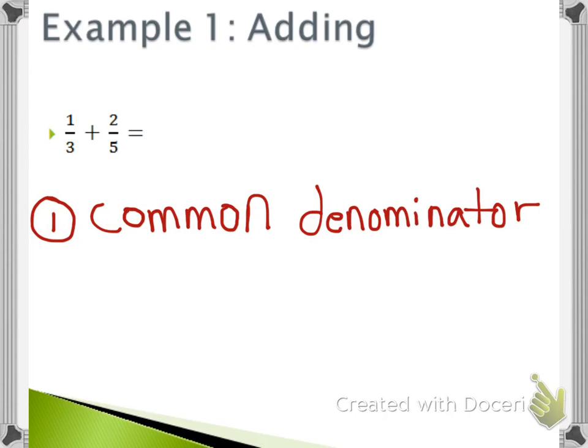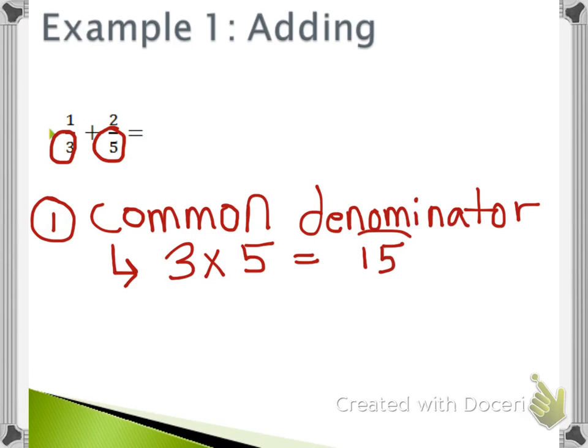An easy way for us to find the common denominator is to multiply the two denominators in our problem. So I can multiply 3 by 5, and that's going to give me 15, and 15 now becomes our common denominator.